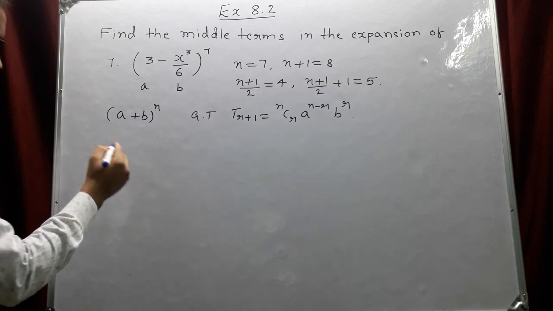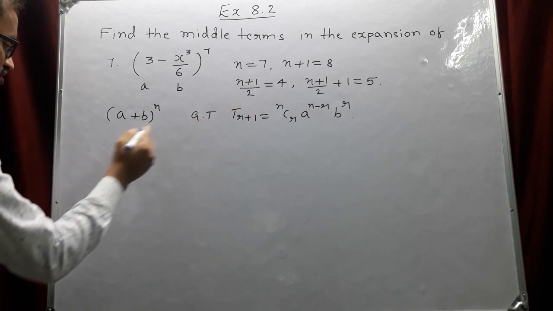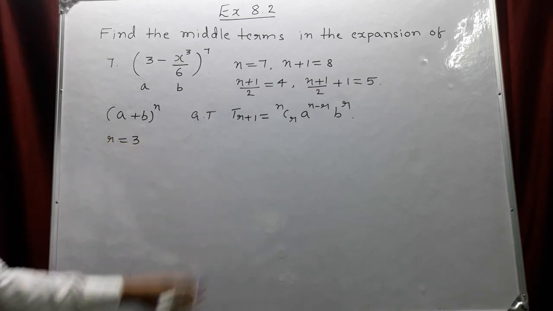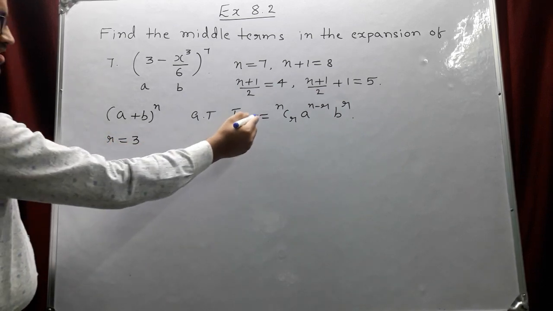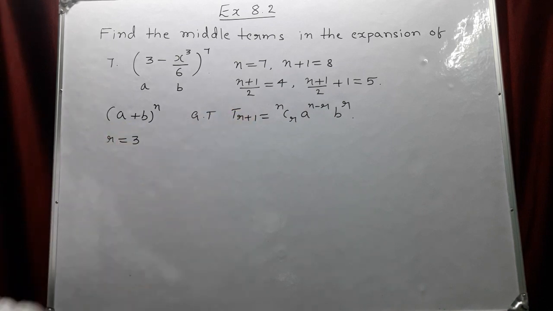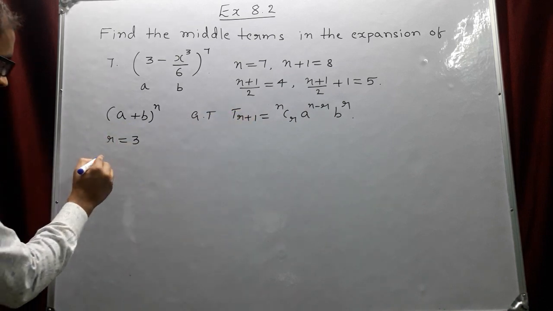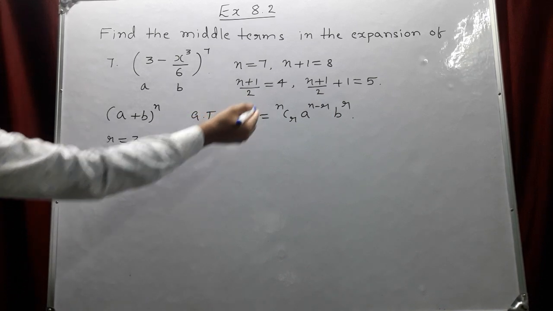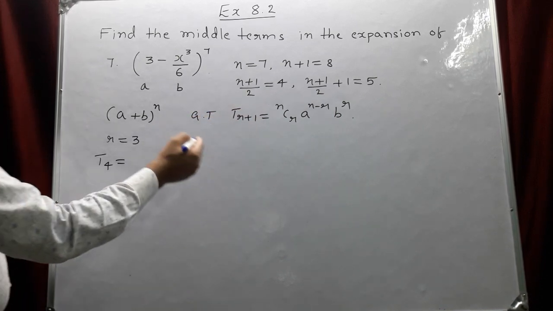So let us find the 4th term. We take r is equal to 3, because r plus 1 is 4. So T4, if you substitute r is equal to 3 here, what will we get?